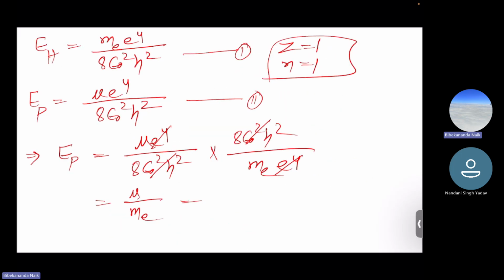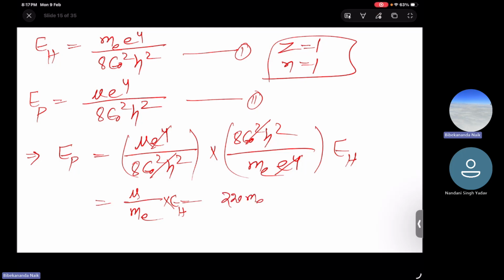So mu is 220 me, it will be 220 me divided by me into 13.6, which will give you Ep is 13.6 into 220, which is 2992 electron volt.